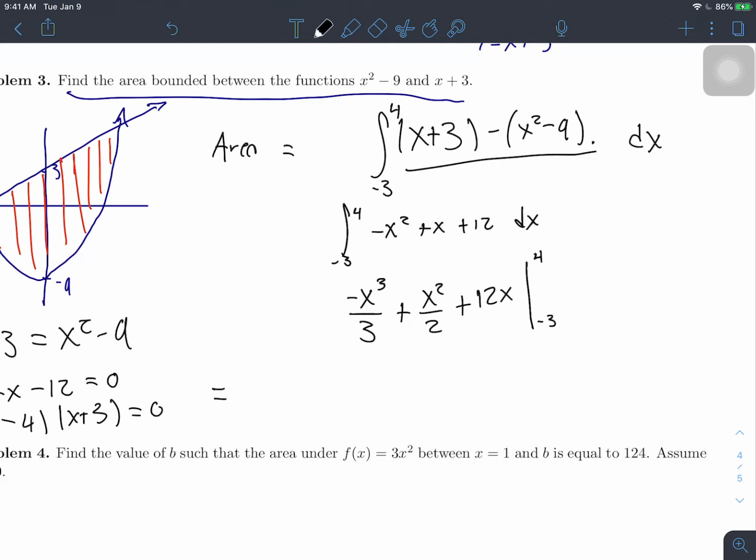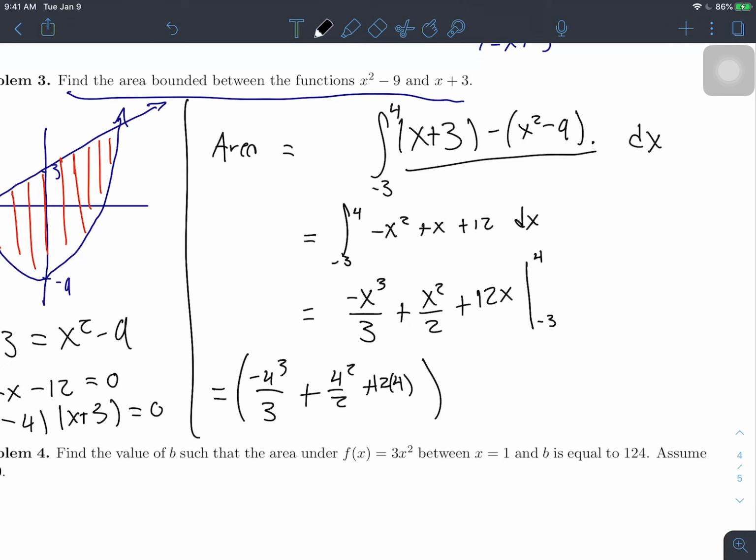And our area is equal to negative 4 cubed over 3 plus 4 squared over 2 plus 12 times 4, minus negative 3 cubed over 3 plus 3 squared over 2 plus 12 times 3, negative 3 on all of these.